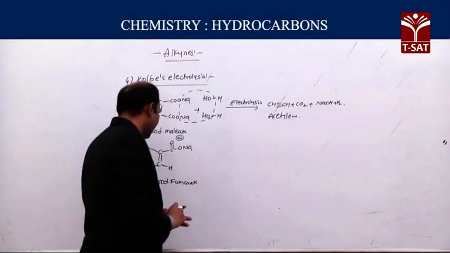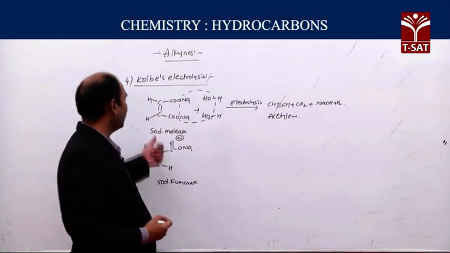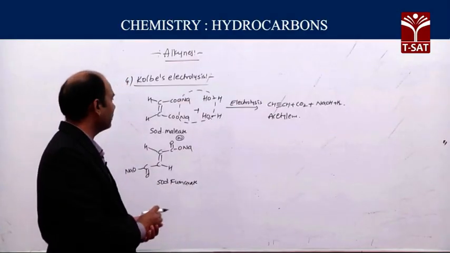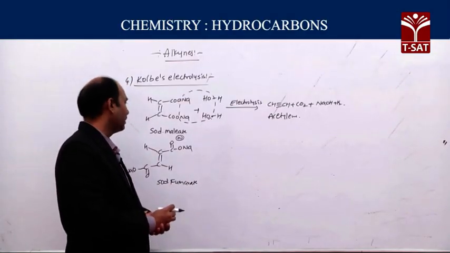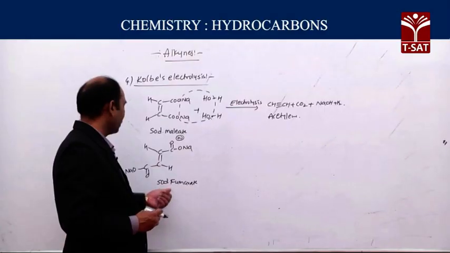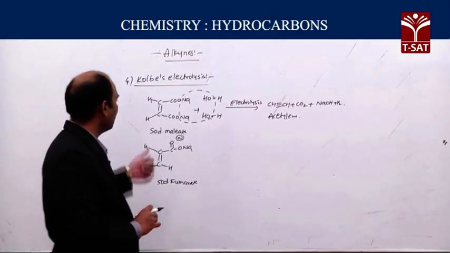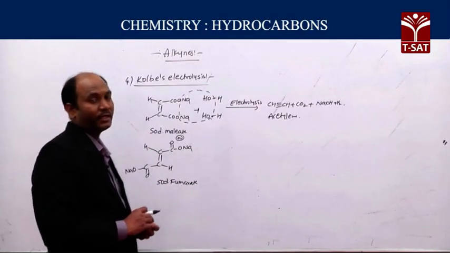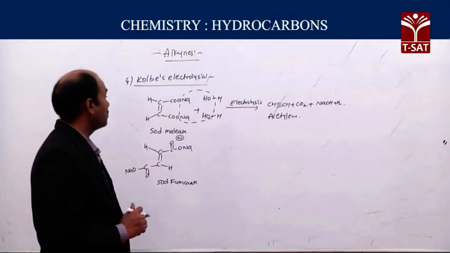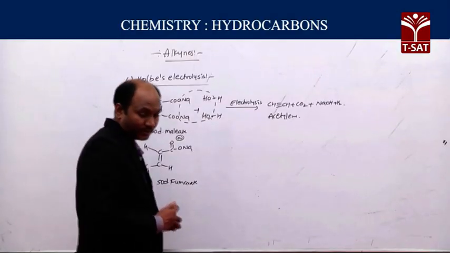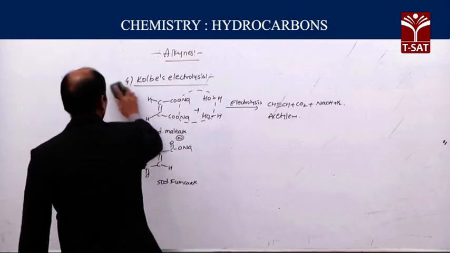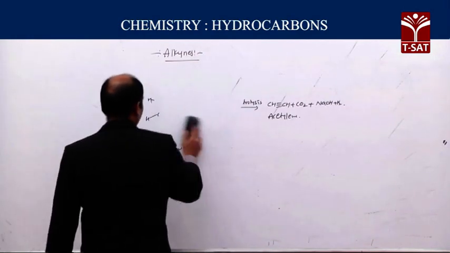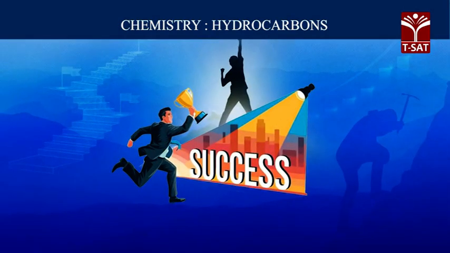That means when either sodium maleate or sodium fumarate is subjected to Kolbe's electrolysis, we get acetylene. Sodium maleate and sodium fumarate are both geometrical isomers. After Kolbe's electrolysis, the next one is from alpha diketones.